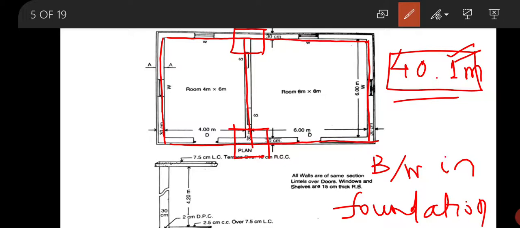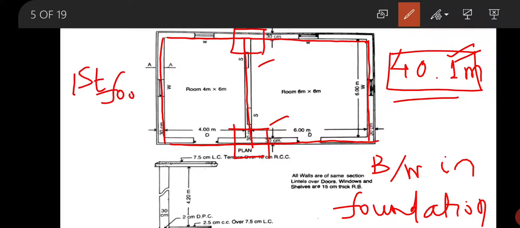That means we are getting the length in excess of these two portions. So from the total center line length, that is 40.10 meter, in order to get the net length of the first footing, we have to subtract these two portions.